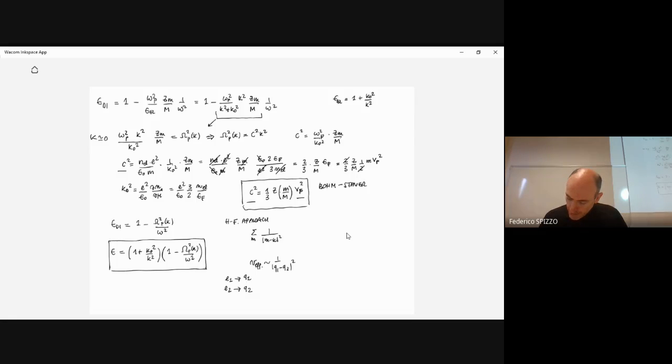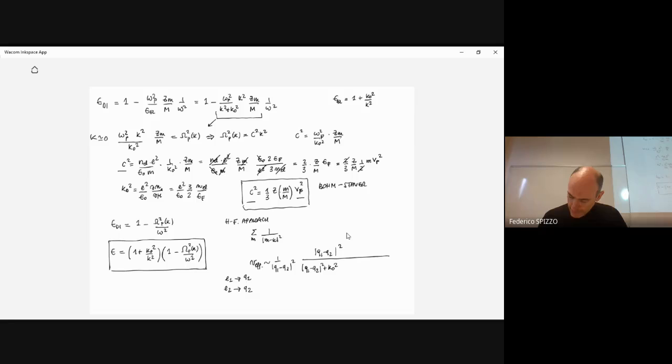Then we have to divide by the dielectric constant of the system. In this case, we have the electronic contribution, and the electronic contribution gives us (Q1 minus Q2) squared plus K0 squared, and up here we have an additional (Q1 minus Q2) squared.